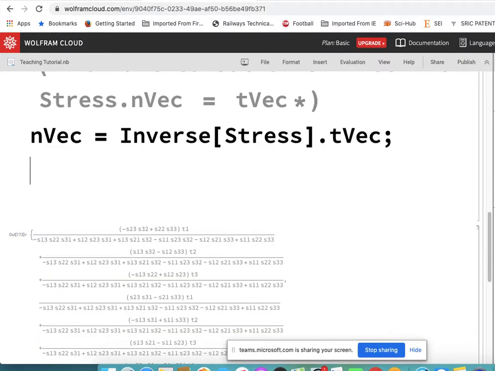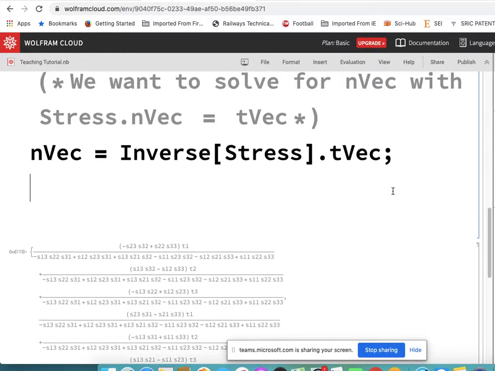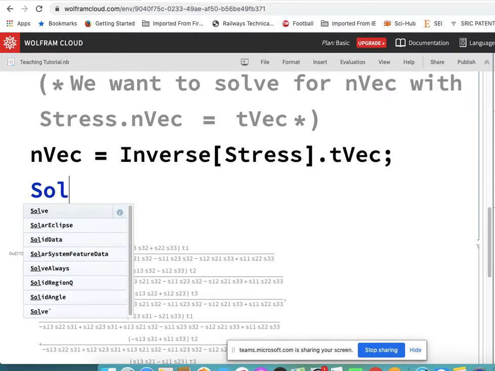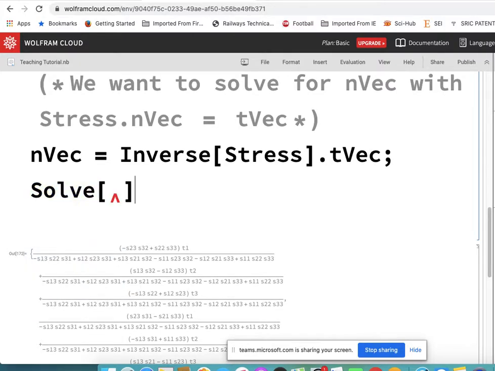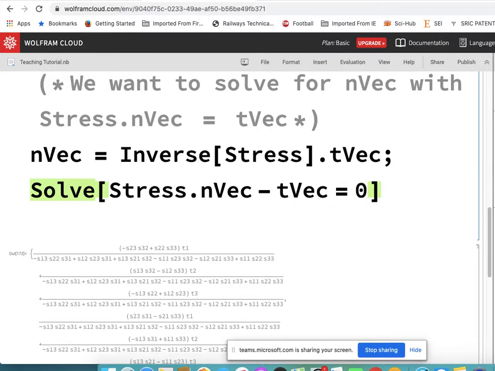There is another way, which is to use solve. Solve stress dotted with n vec minus t vec equals 0.